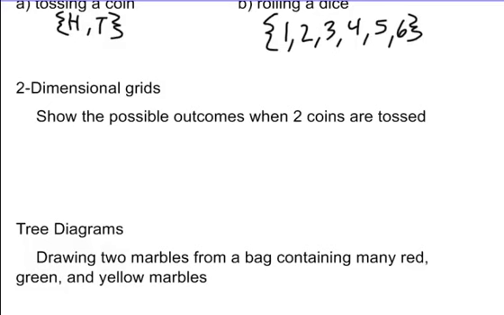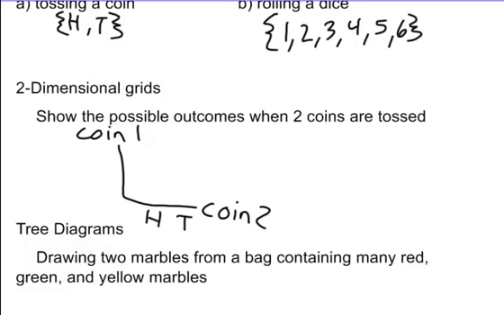So if we have 2 different coins, we have coin 1 up here, and we have coin 2 over here. All right, and for the 2 different types of outcomes, coin 2 could be heads or tails, and coin 1 could be heads or tails.